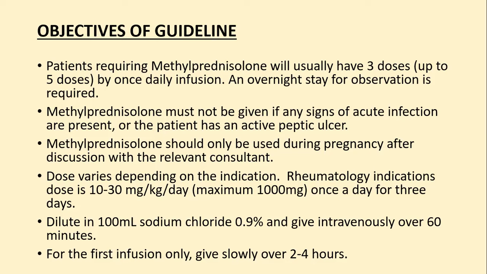The dose varies depending upon the indication. The rheumatology indications are 10 to 30 milligram per kg per day, with a maximum of 1 gram once daily for 3 days. Usually, the steroid is diluted in 100 ml of sodium chloride and given intravenously over 60 minutes. For the first infusion, keep the rate slow, 2 to 4 hours rather than 1 hour.